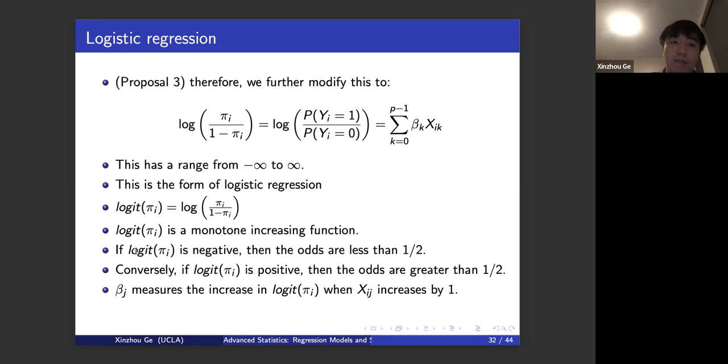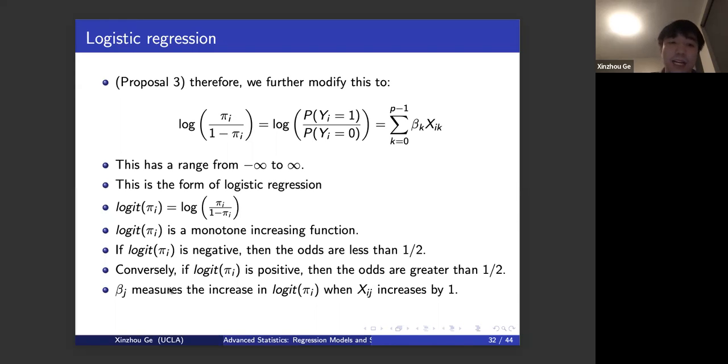So if logit pi i is negative, it means that this ratio is smaller than 1, which means that pi i is smaller than 1 over 2. And conversely, if the logit function is positive, then pi i is greater than 0.5.